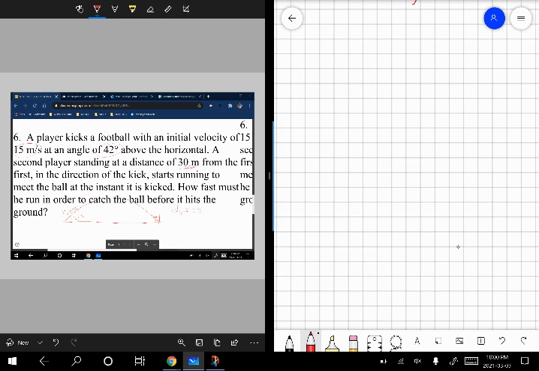So just like you would before, you find your Vx and your V1y, and they are what they are. You're going to go 15 cosine 42 and 15 sine 42. You're going to set it up in equation 3 again with dy equals V1y times t minus 4.9 t squared, but it's going to be easier because dy is 0.